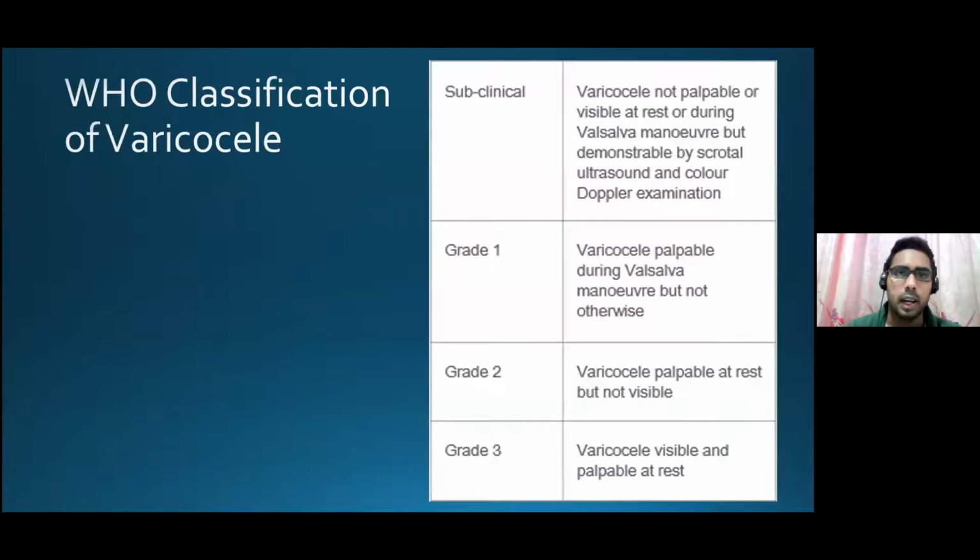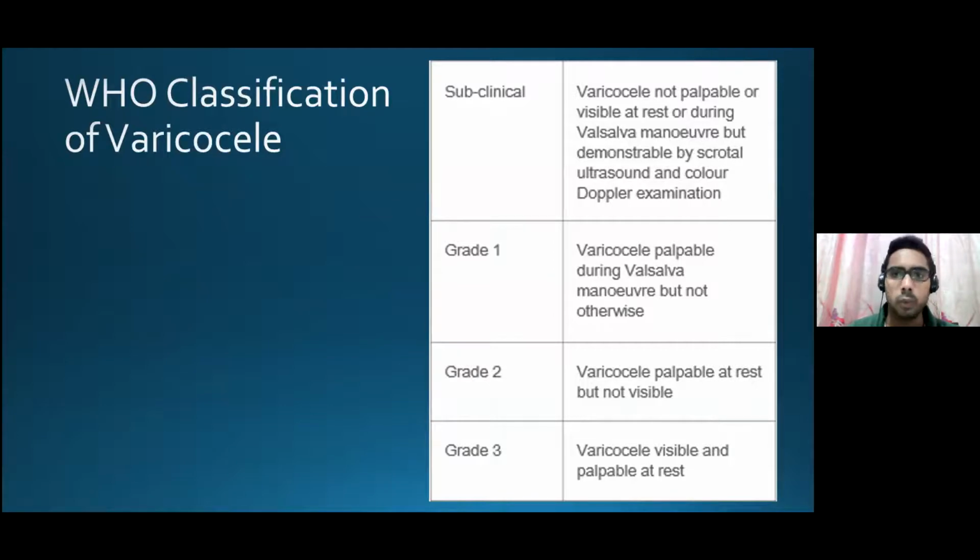And there are 4 categories according to the WHO classification. Basically, there are subclinical varicoceles and clinically apparent varicoceles. Subclinical varicoceles are diagnosed only on ultrasound or color Doppler examination, whereas clinically apparent varicocele is again divided into 3 grades: grade 1, 2, and 3.